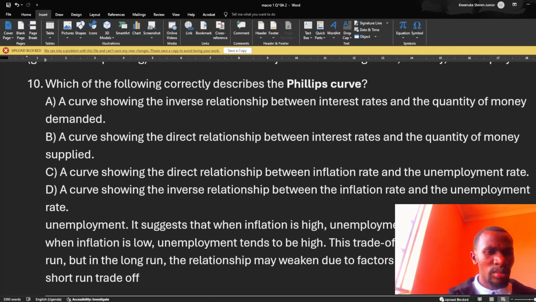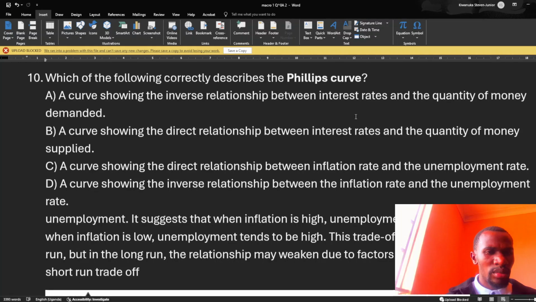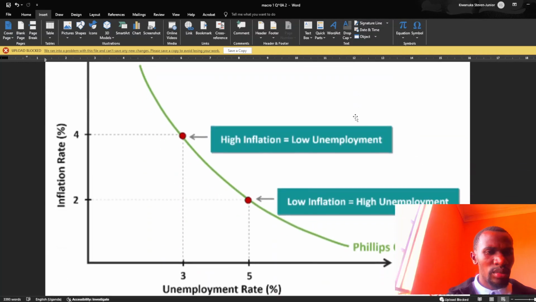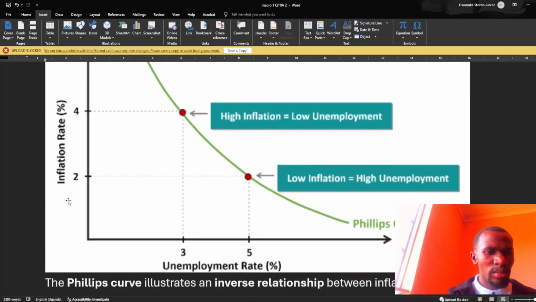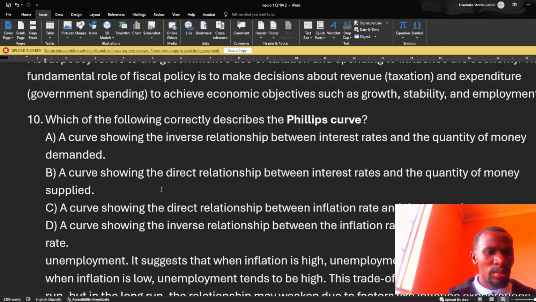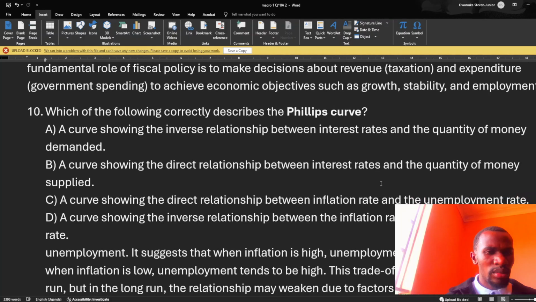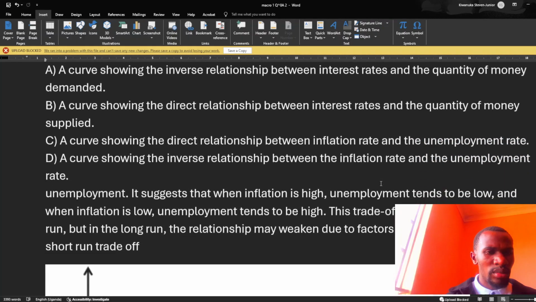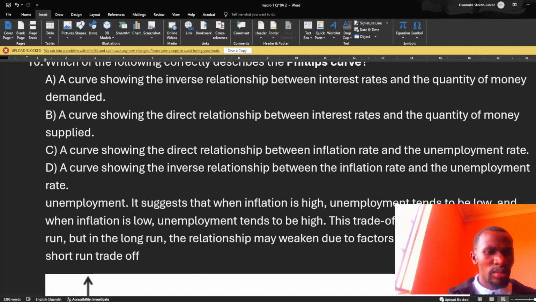So now, with that background, which of the following correctly describes Phillips curve? A curve showing inverse relationship between interest rate and the quantity of money demanded. Interest rate and the quantity of money demanded, that is wrong. A curve showing direct relationship between interest rates and the quantity of money demanded. So we see it is not about quantity of money. That one also makes it wrong.